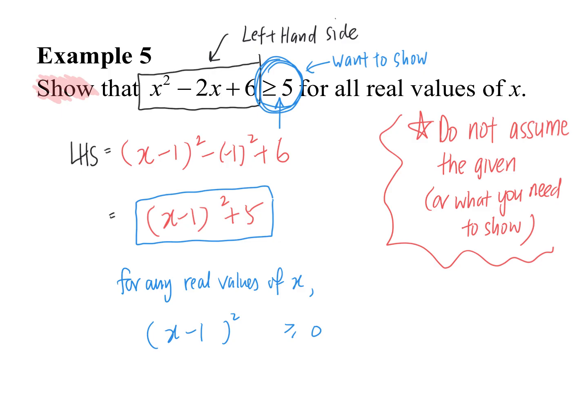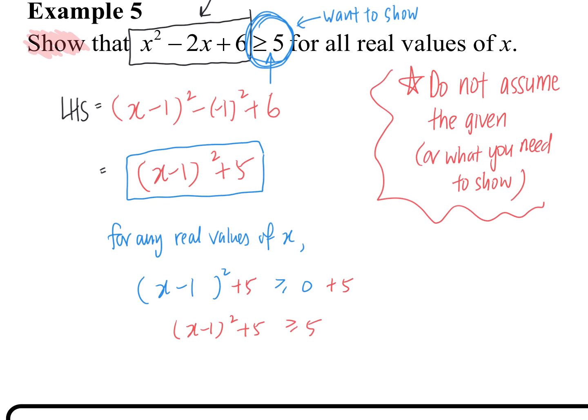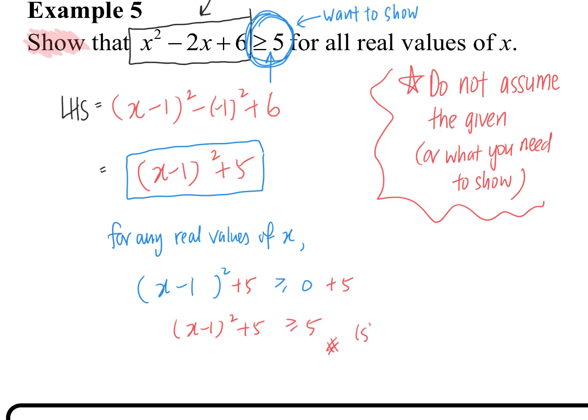And if you were to add 5 on both sides, then you know that the left hand side, or if you don't want to write like that, just copy the expression, is always greater or equals to 5. Then you can write shown already. That's all they need you to do.